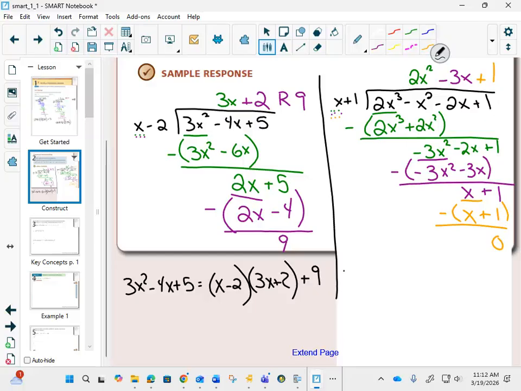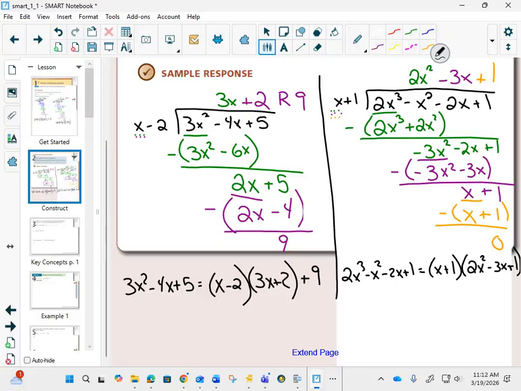This means that 2x cubed minus x squared minus 2x plus 1 is equal to x plus 1 times 2x squared minus 3x plus 1. Do you know what we just did for the first time ever? You factored your first cubic.